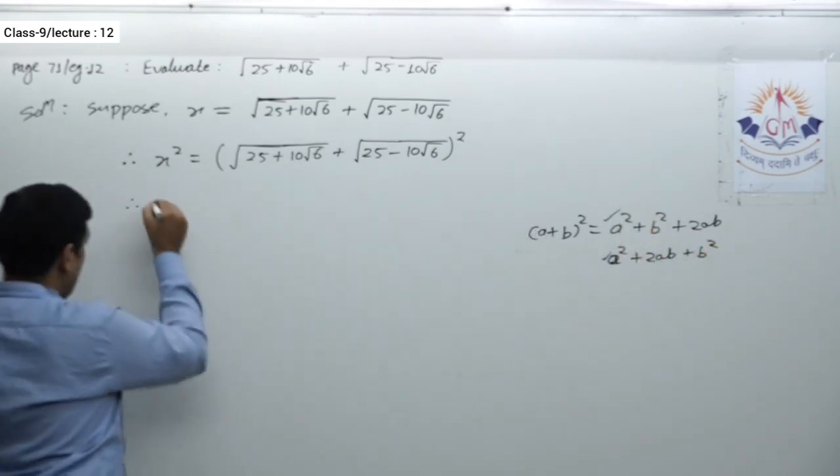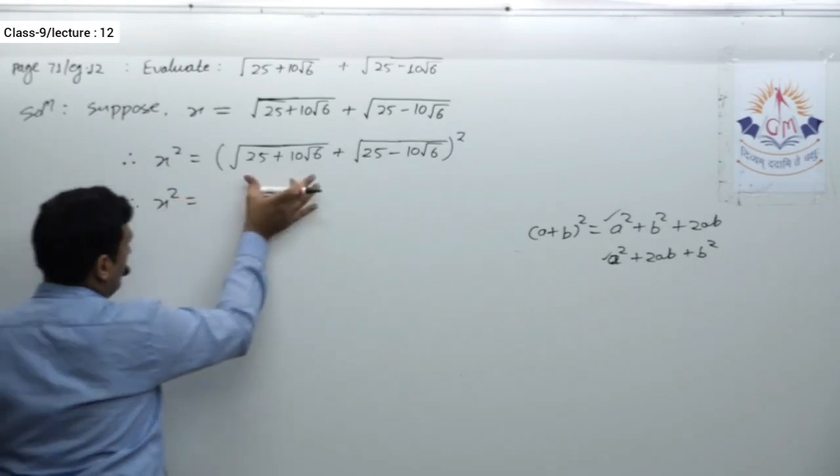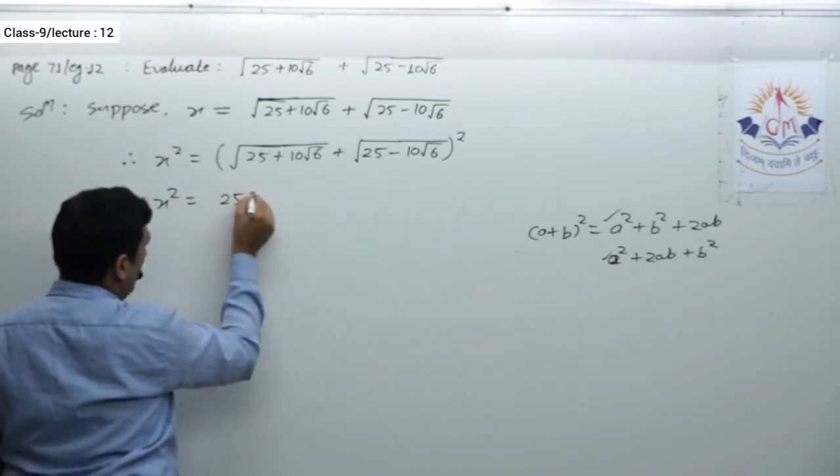So x square is equal to a square plus b square plus 2 multiplied by a multiplied by b.